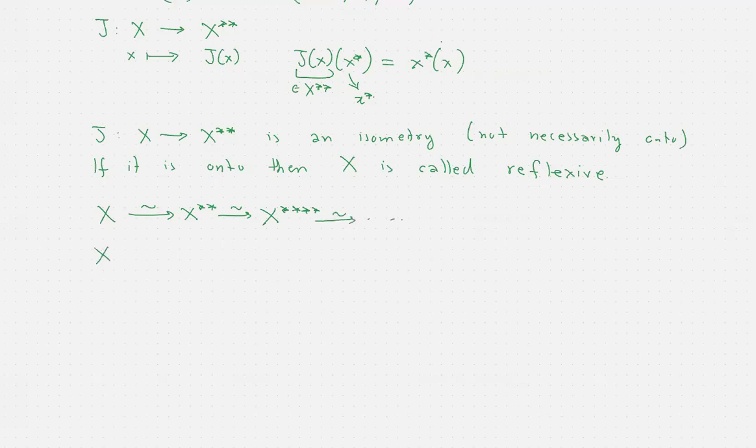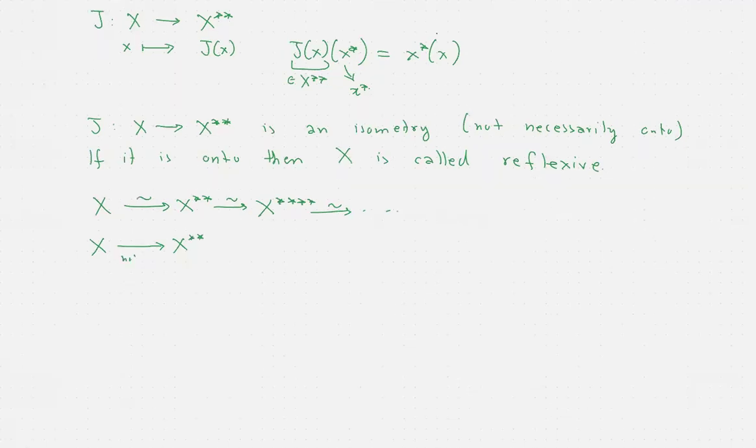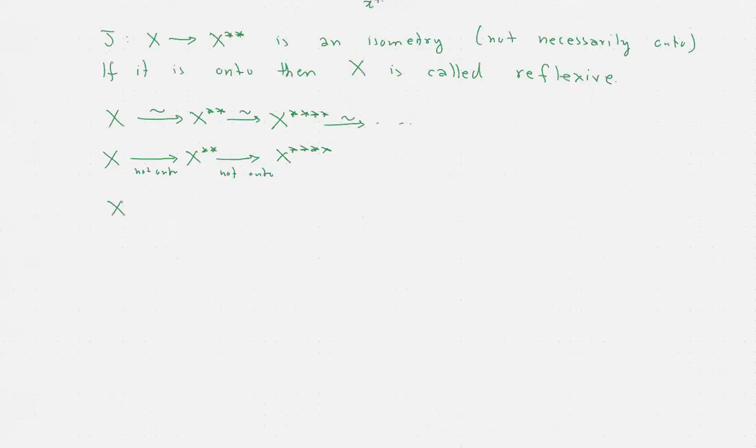Whereas if a space is not reflexive, then this map is not onto, and then you can have a map into the fourth dual, which is again not onto. So in some sense, you can think of each of these spaces as contained in, but not equal to, the next space. So we get a strictly increasing sequence of Banach spaces.